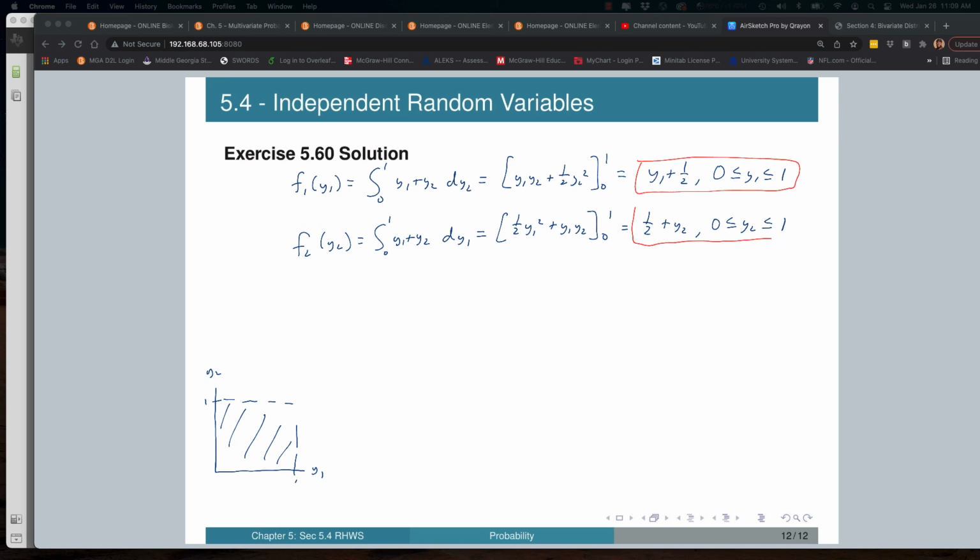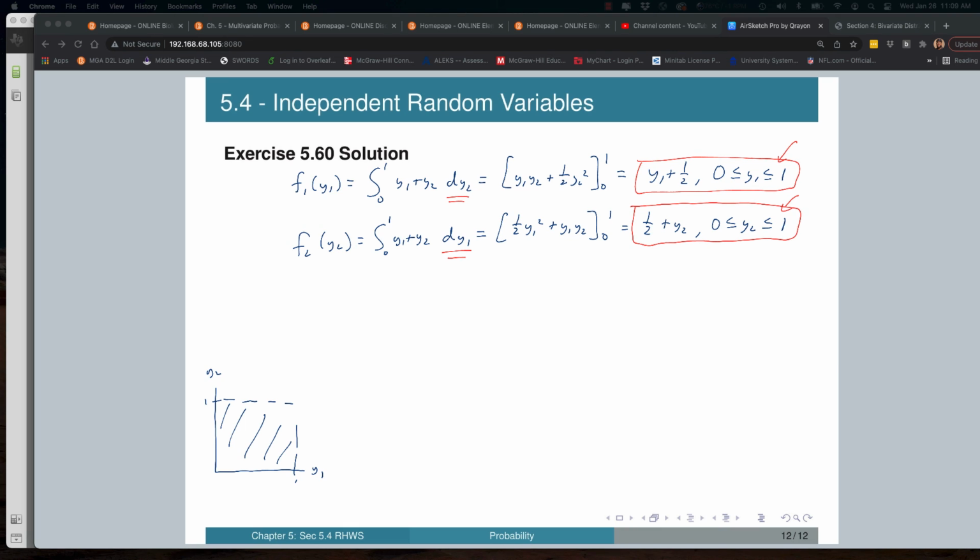Are we paying attention to the marginal distributions, like the regions, important here? I haven't really said a whole lot about that. It does matter. If you had to further integrate this now with respect to y2, because we did it already with the opposite variable, or y1, like for example, in the first marginal function, we already integrated with respect to y2.